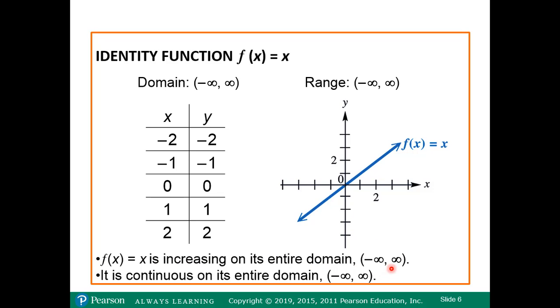It increases from left to right, from negative infinity to positive infinity. And it is continuous on the whole domain as well. So the interval of continuity is all real numbers. These are all the values of x, talking about the domain, where it's continuous: from negative infinity to positive infinity.